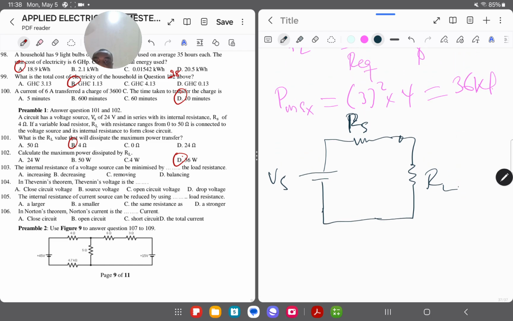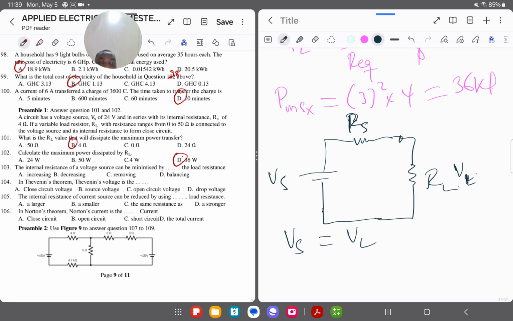Now, if I want to minimize the internal resistance, I want to make sure that the voltage across the load resistor is the same as my voltage supply. So meaning Vs, I want to make sure VL is equal to Vs, right? So that means that my load resistor is using all the voltage. So there's small loss of the voltage due to the internal resistance.